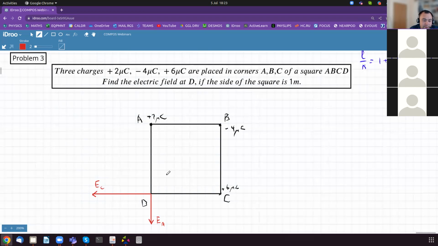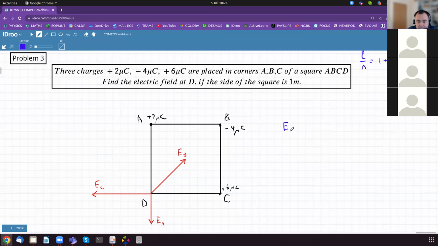And another electric field, which is going towards B. Let's call it EB. Well, we can find them separately, and that's reasonably easy.